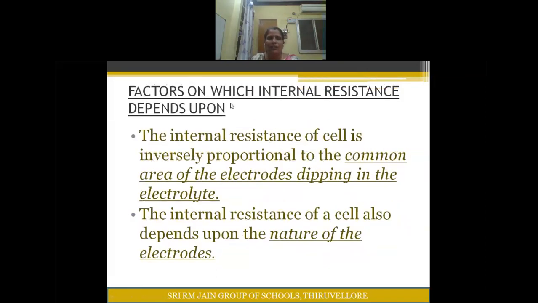The third factor is that the internal resistance of a cell is inversely proportional to the common area of the electrodes dipping in the electrolyte, and the internal resistance of a cell also depends on the nature of the electrode. So these are the factors on which internal resistance depends.